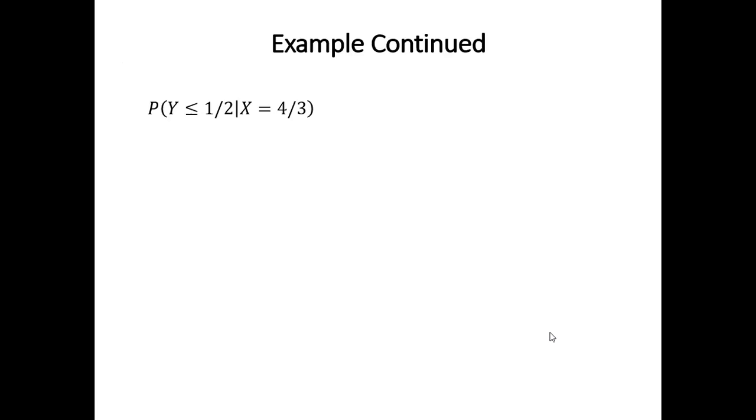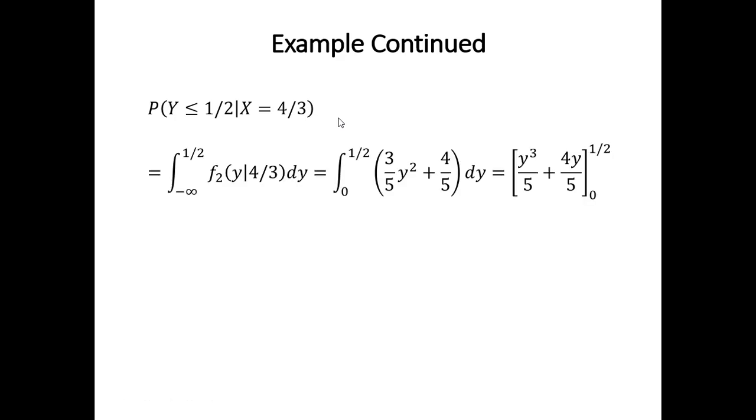Now we are ready to find the probability that was the original question. We could take the integral from minus infinity to a half, but we know this really changes to 0 as the lower bound.